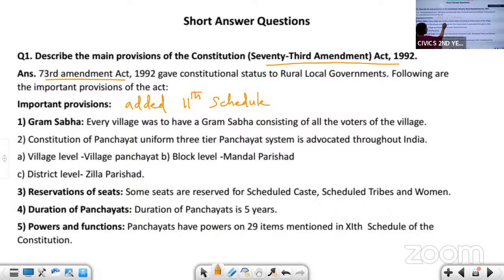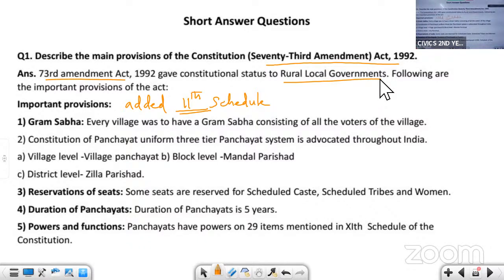So the 11th schedule of Indian Constitution, it gives constitutional status to rural local government. It gave constitutional status to rural local government.